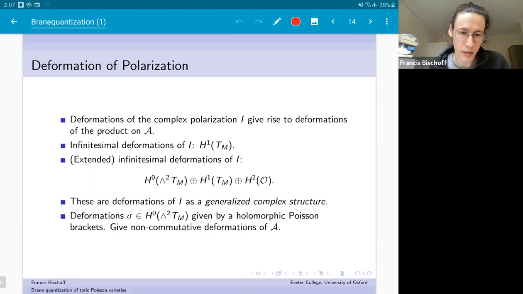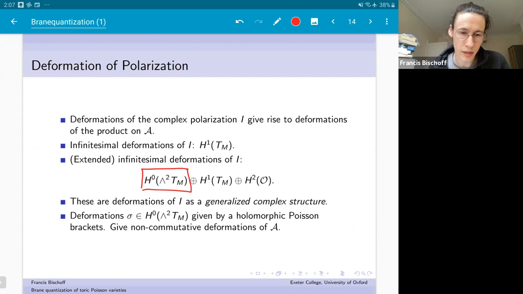What I'm going to be interested in for this talk are the deformations arising from this part. These are the deformations which are given by holomorphic Poisson brackets. And the expectation is that if we deform the polarization in this direction, then just as before, the underlying vector space might stay the same, but the product will deform, now to something non-commutative.